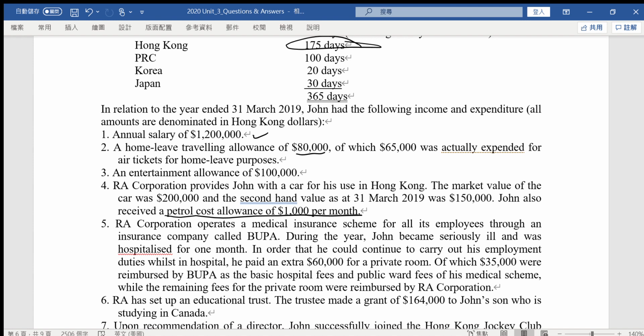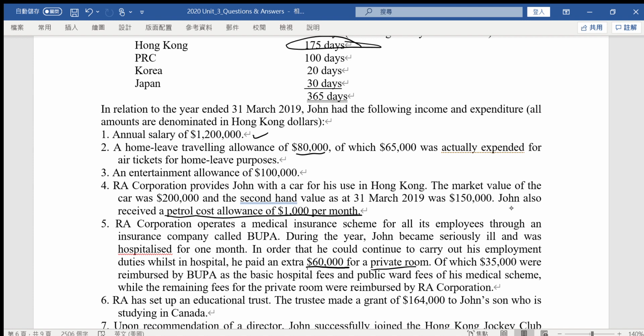Okay, then the fifth one, about the company operating a medical insurance scheme for all employees through the insurance company called Bupa. In this year, he is seriously ill and in the hospital for 1 month, and he still carries out his employment duty in the hospital. He paid an extra amount, 60,000, for a private room.